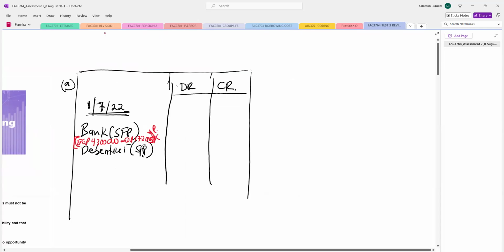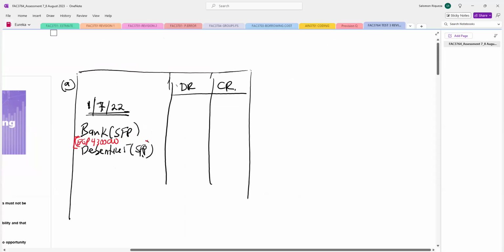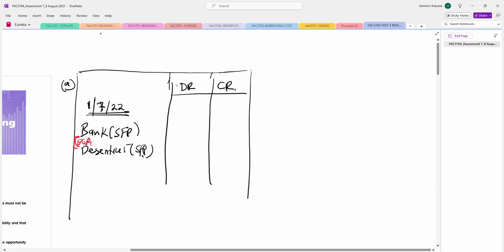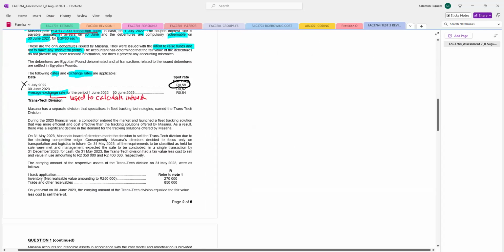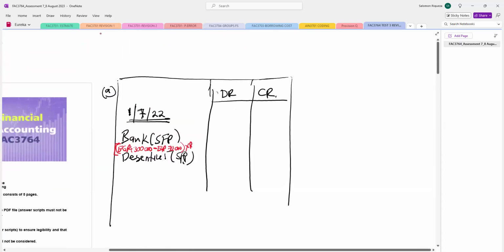Let me write properly so that people can see clearly what I'm writing. So Egyptian pound 4.3 million minus Egyptian pound 172,000. This we multiply by the transaction spot rate, 58.